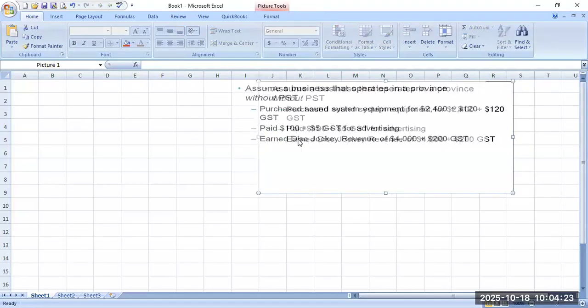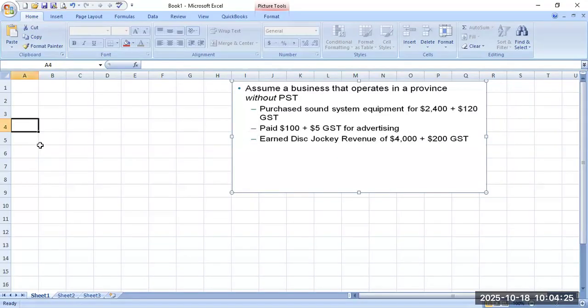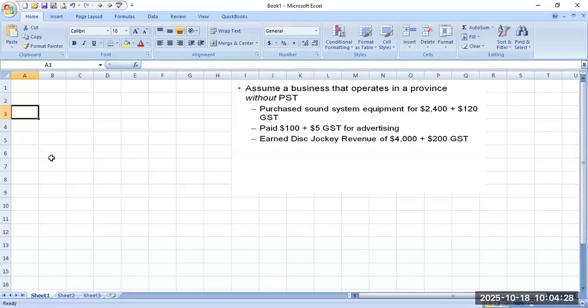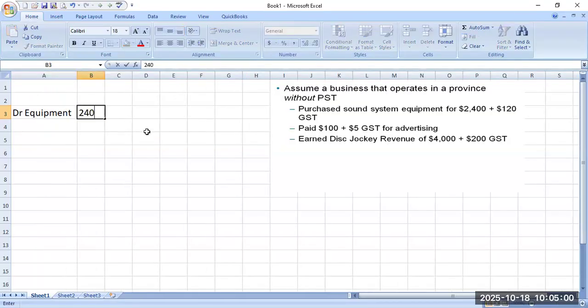First one: let's purchase the sound system equipment. Once we purchase the equipment, which account are we going to debit? PPE, property, plant, equipment, aka equipment, right? Equipment, $2,400.